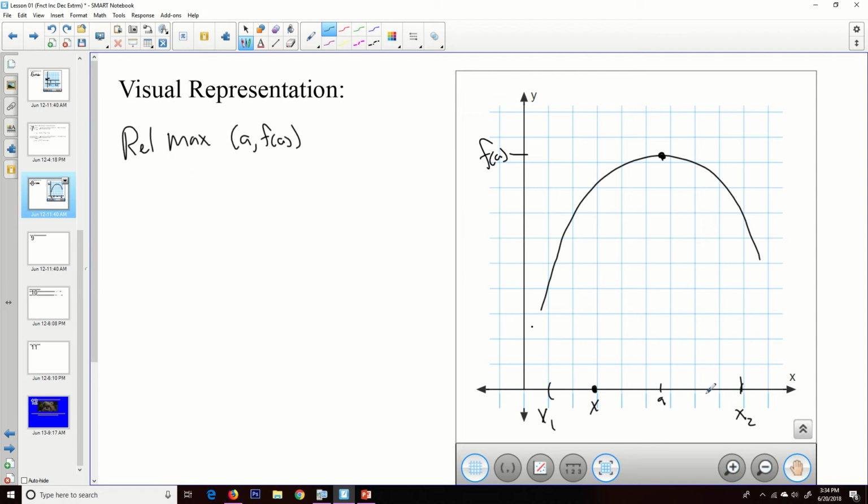Then any point in between these two open intervals, x1 to x2, if I pick any point, and this point right here will be x, f of x, then this point, f of x, must always be smaller than f of a, which is this point right here, a, f of a. There we go. All right, so there's my visual representation for a relative maximum.